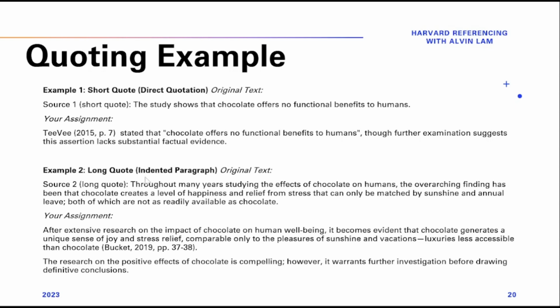Now for a long quote, if you have the source like this: "Throughout many years studying the effects of chocolate on humans, the overarching finding has been that chocolate creates a level of happiness and relief from stress that can only be matched by sunshine and annual leave," and so on and so forth.